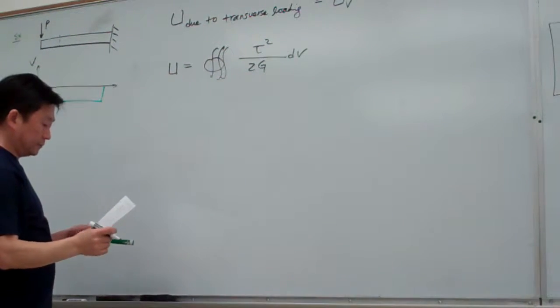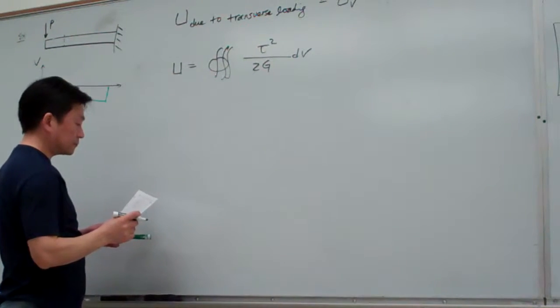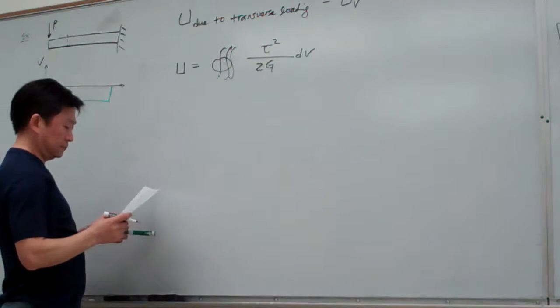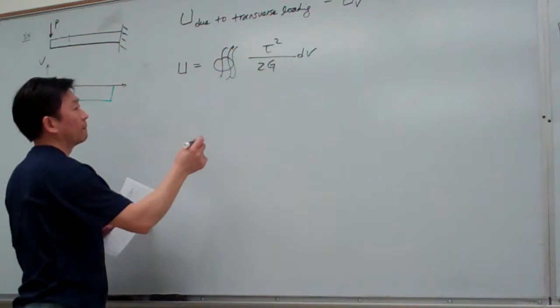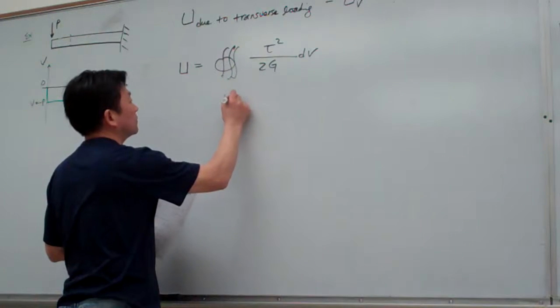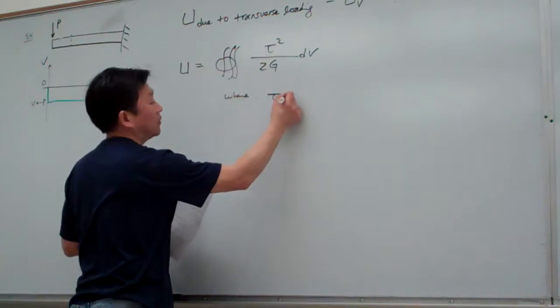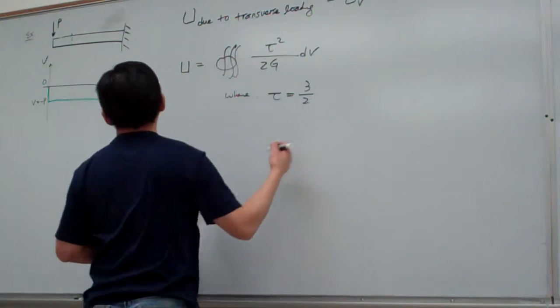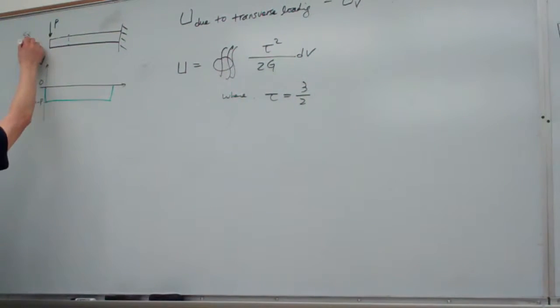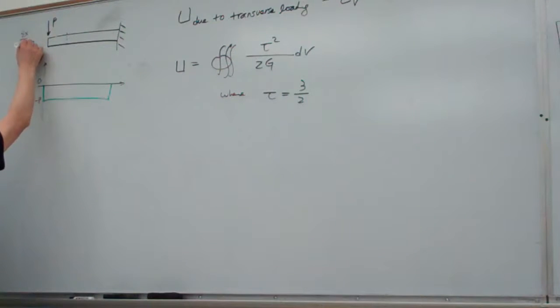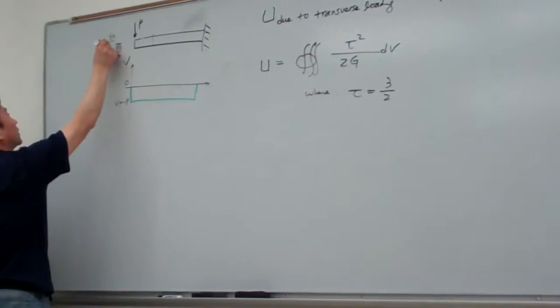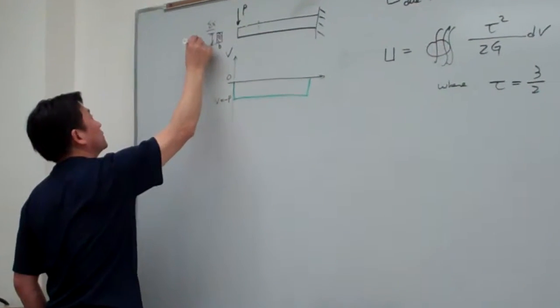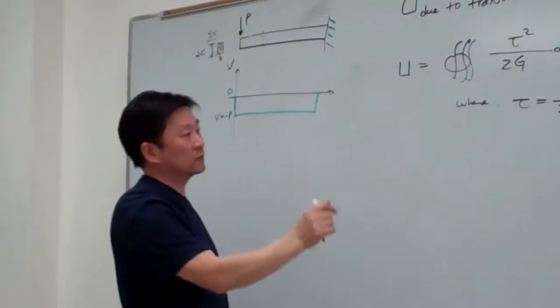In this case, we plug in tau equal to that equation here, 3/2. For example, the cross section here has the width B, and this is 2C, to match our notation here.